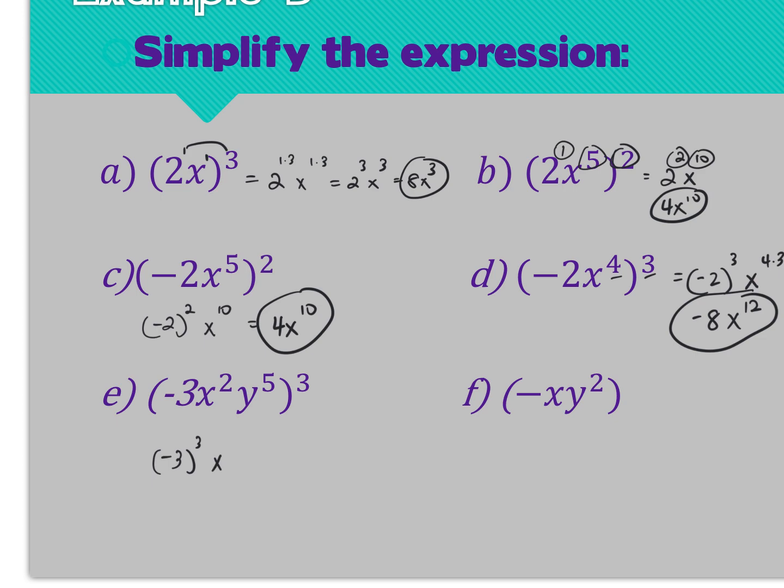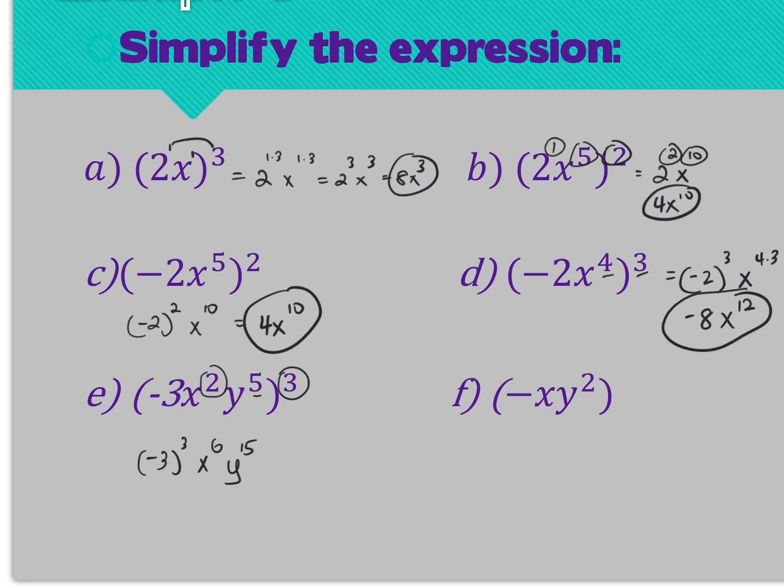It's going to be x to the 2 times 3 power, which is 6, and it's going to be y to the 5 times 3 power, or 15. And negative 3 cubed is negative 3 times negative 3, it's positive 9, and positive 9 times negative 3 is negative 27. And so this becomes our answer.